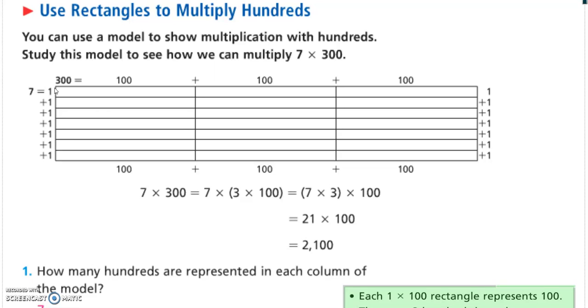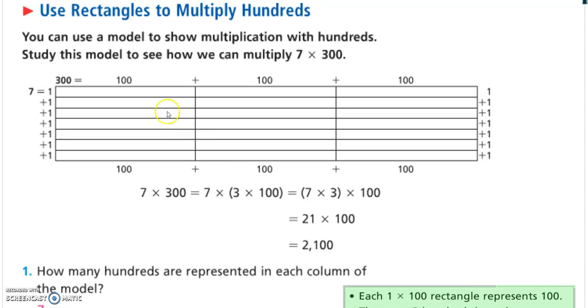Hopefully, you can see that the 300 is broken up into 3 groups of 100, and the 7 is broken up into its ones. We always want to factor into our tens, ones, and in this case, hundreds. Looking at this algebraic notation, 7 groups of 300 is the same as saying 7 groups of 3 groups of 100, which is equal to 7 times 3 times 100, which is 21 times 100, which is 2,100.